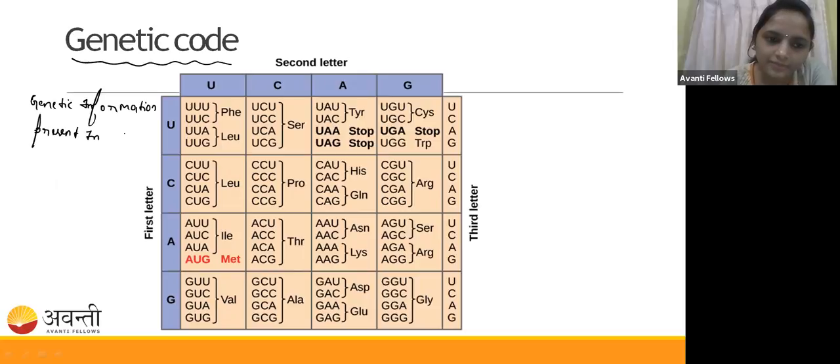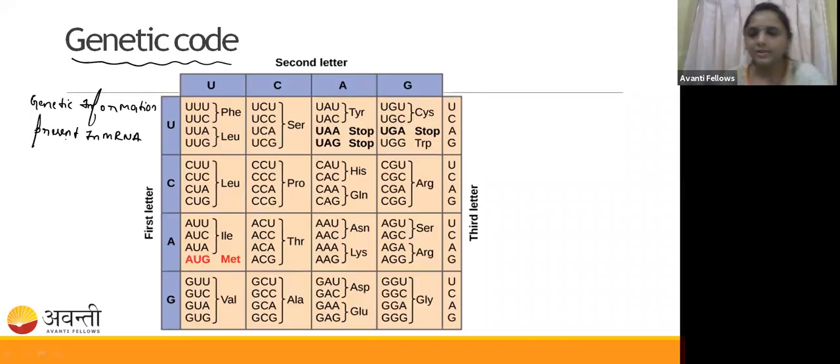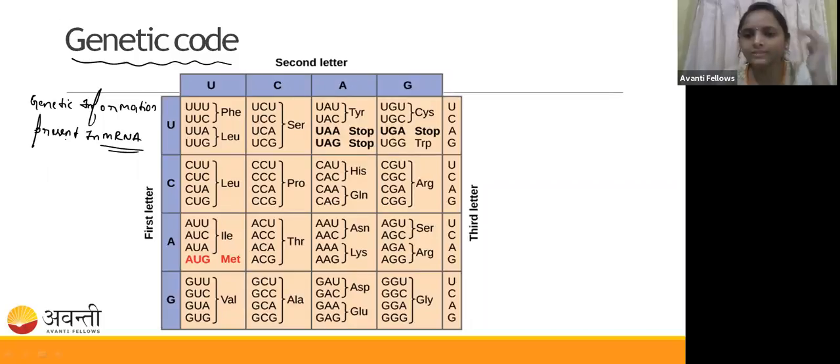During the central dogma of molecular biology, we have seen that the information present in the DNA is used for synthesizing the mRNA. Then the information present in the mRNA is utilized for protein synthesis, that is, during translation. So now let us see what the genetic code is.